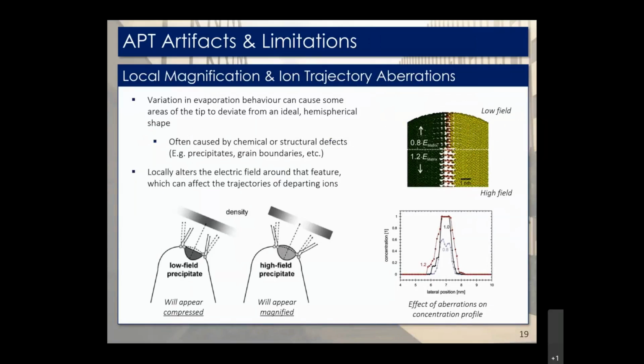But you can extrapolate that to imagine if it's just side-by-side phases that are high and low field. Yeah, we'd expect a pretty severe deviation from that ideal hemispherical geometry, and probably a very difficult data set to reconstruct, even if you could do it properly.